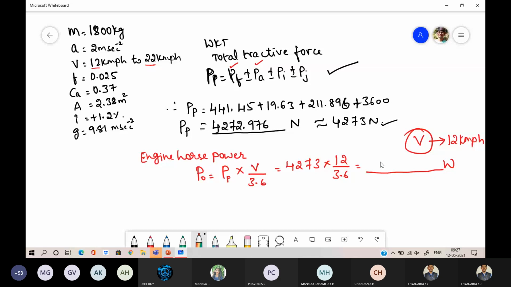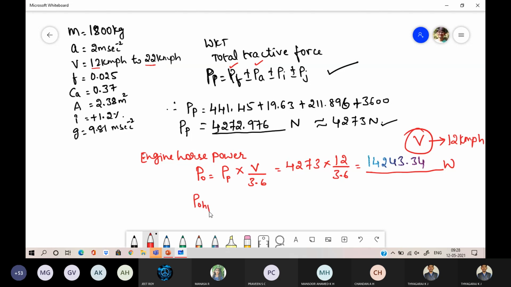Check it, how much you are going to get? 14,243.34. Now you have to convert this watt to horsepower.